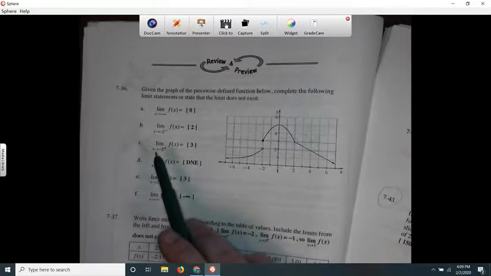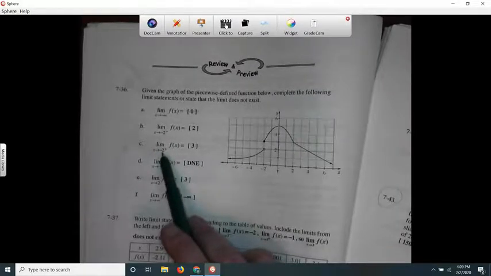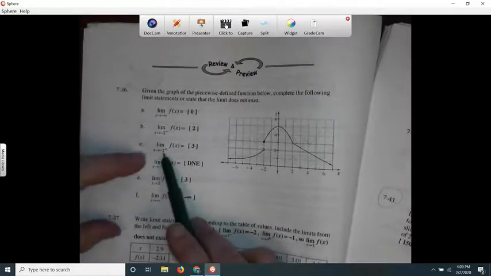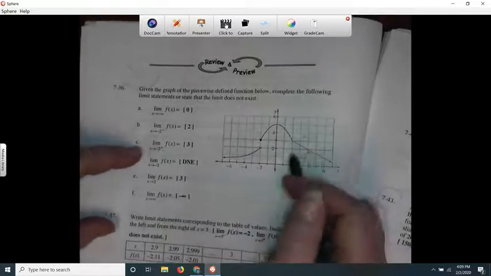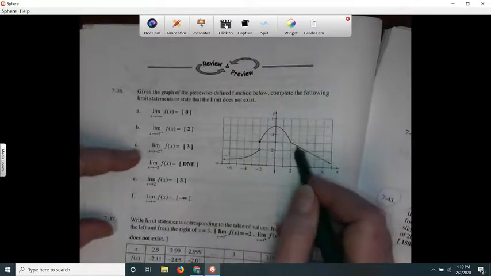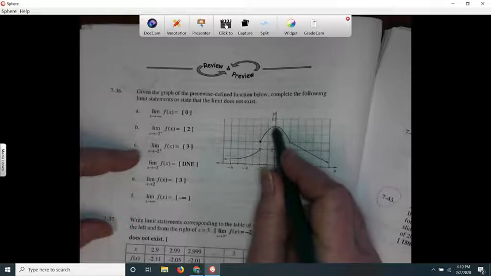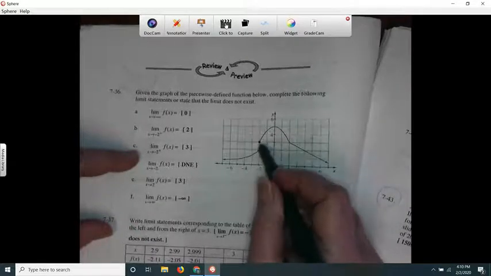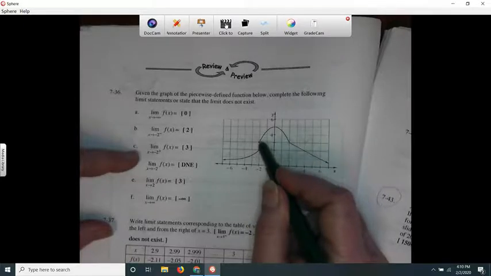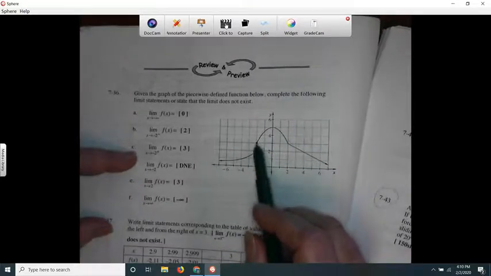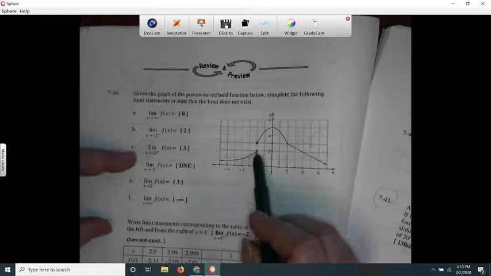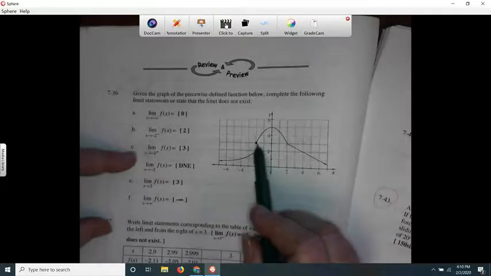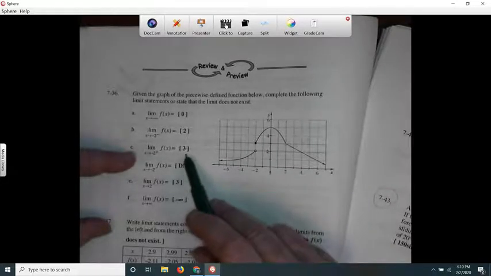And in this one, we're going to approach -2 from the right. If you're a little bug approaching from the right, you have to come this way to approach -2 from the right. So you're actually going to end up at a different y value than if you were to approach from the left. You're going to end up at 3. So that's why they have 3.